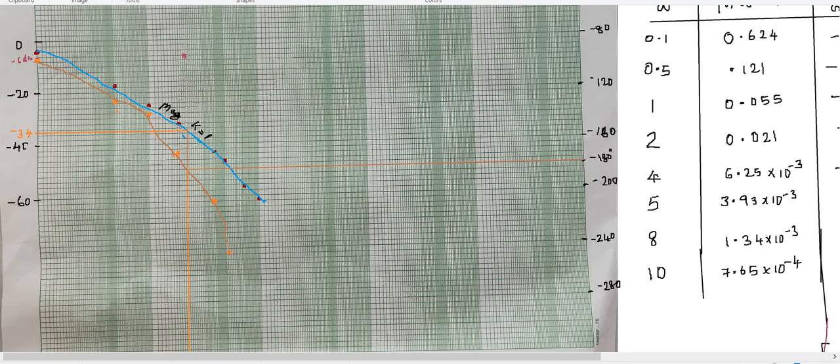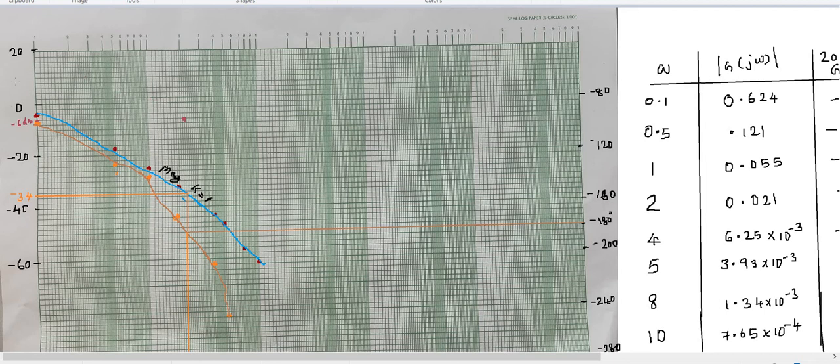So to make that minus 6 dB, we have to add plus 28. Minus 34 plus 28 is equal to minus 6 dB. That means at all points we have to add plus 28 dB, so the points will be approximately here.